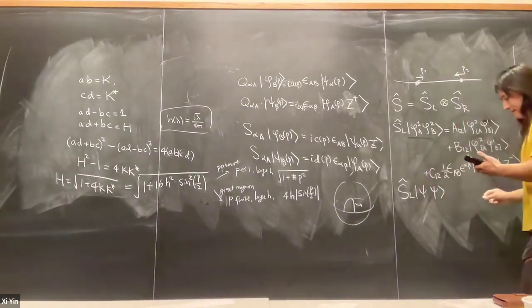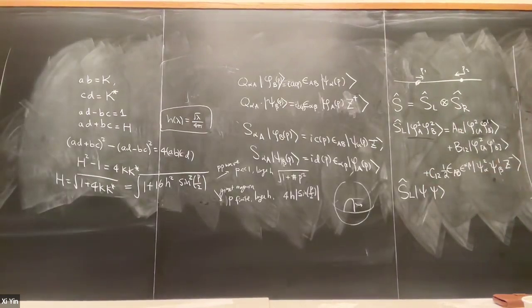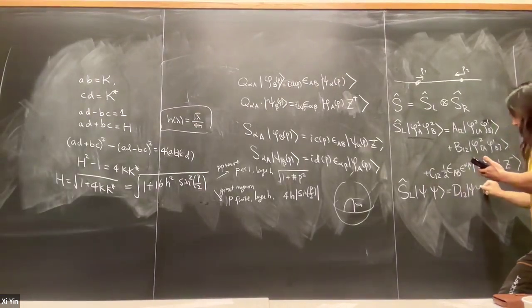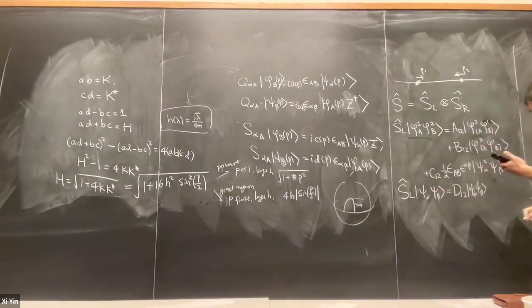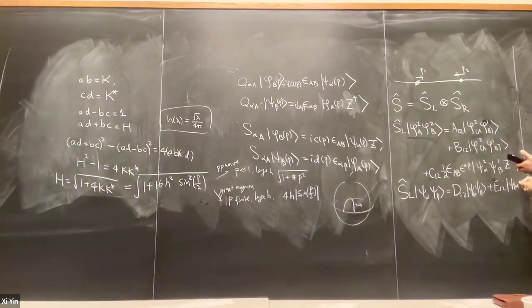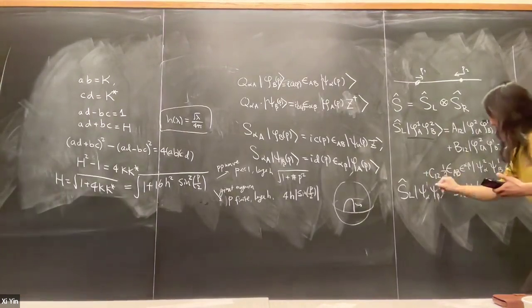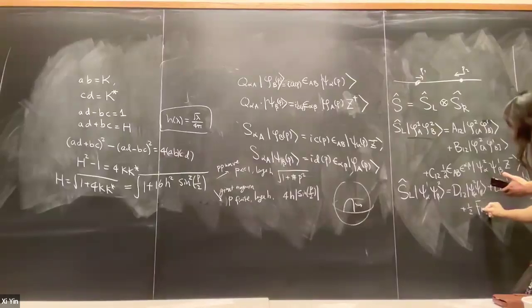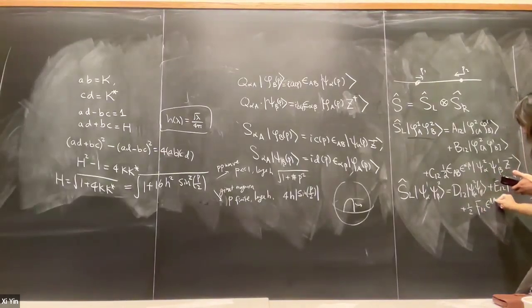Okay, so I'm not going to write down the indices carefully now. I'm just going to say that this equals some D12 psi symmetrized, but E12 psi alpha psi beta commutator, and plus 1/2 F12 epsilon AB epsilon alpha beta phi A2 phi B1 Z plus circuit.